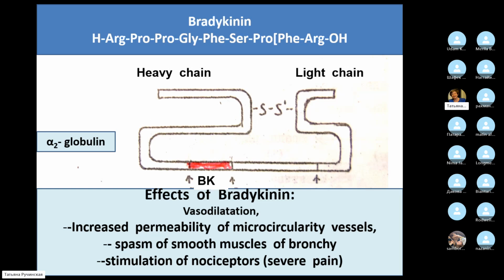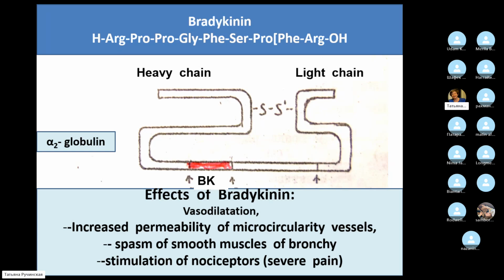The effects of bradykinin are the same as those of histamine, but several times higher, more severe. For example, histamine influences nociceptors and leads to irritation of the skin, irritation of nociceptors.